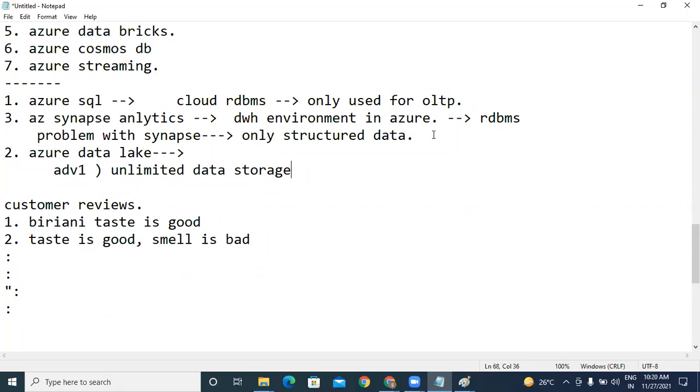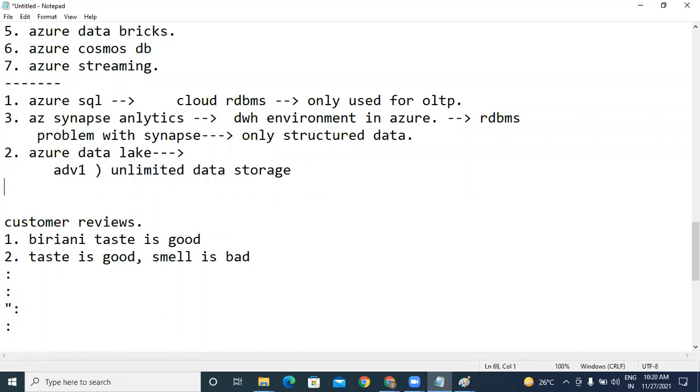Taking inspiration from Hadoop, using HDFS as the backend, Microsoft came with a new product, Azure Data Lake. As a developer, you need not work with Hadoop. You work with the Data Lake, and in the backend Microsoft works with HDFS-like systems. With that feature, the fundamental benefit I am getting is unlimited data storage.